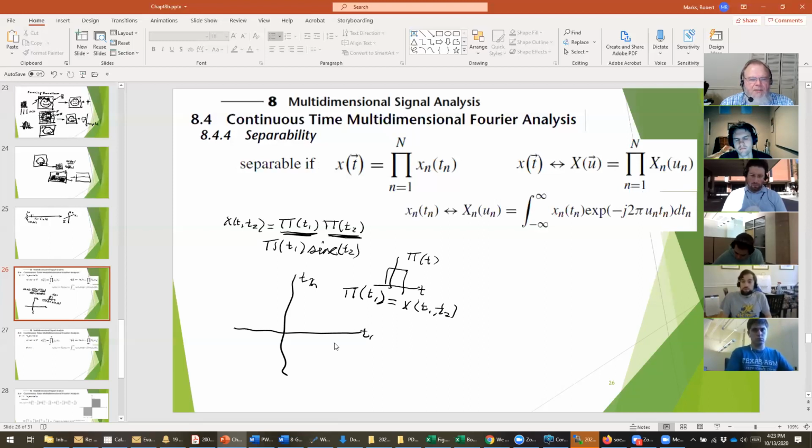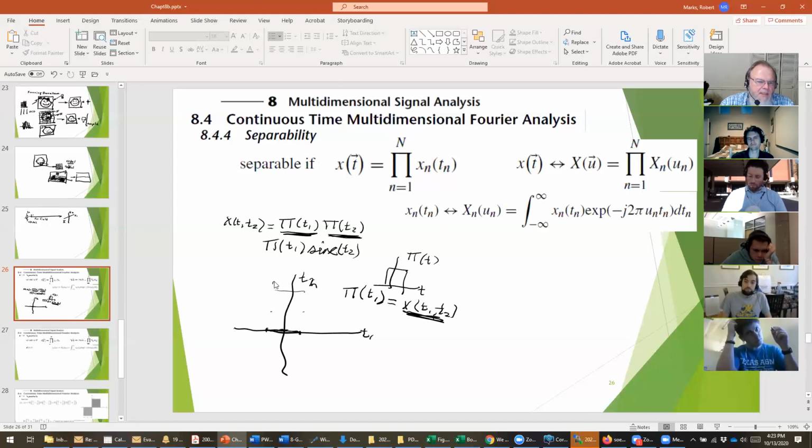Well, it's very interesting. This means that whatever x of t1 and t2 is, it's totally independent of t2, right? And so we can think of this function, first of all, here, this is a rectangle function. Imagine this coming out and being 1 on this little strip here. Well, it's also 1 on this little strip, 1 on this little strip.